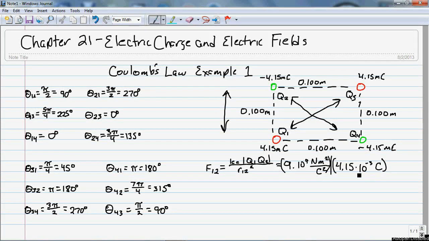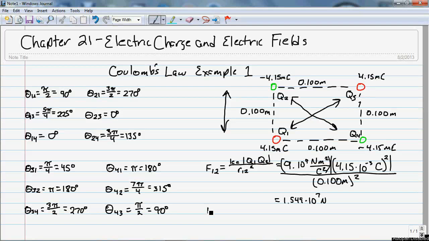That's for millicoulombs, 10 to the minus 3. And since it's the same magnitude for both, we'll just put squared here. Divided by our distance, 0.100 meters squared. And that is going to equal 1.549 times 10 to the 7th newtons.